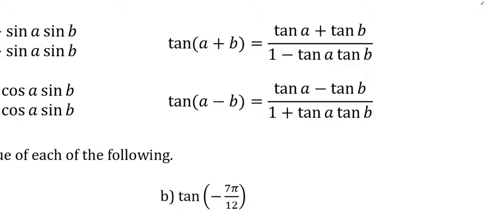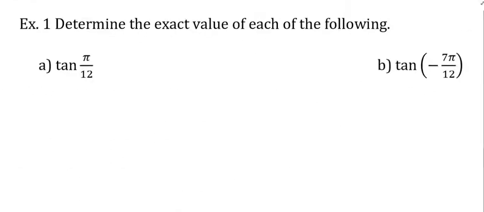Okay, so let's try this. Now the nice thing is the bulk of these tan questions is very similar to the sine and the cosine that we've been doing, where I take my pi by 12s and I break them up into angles that I know how to solve. And that part is identical to what we've already been doing.